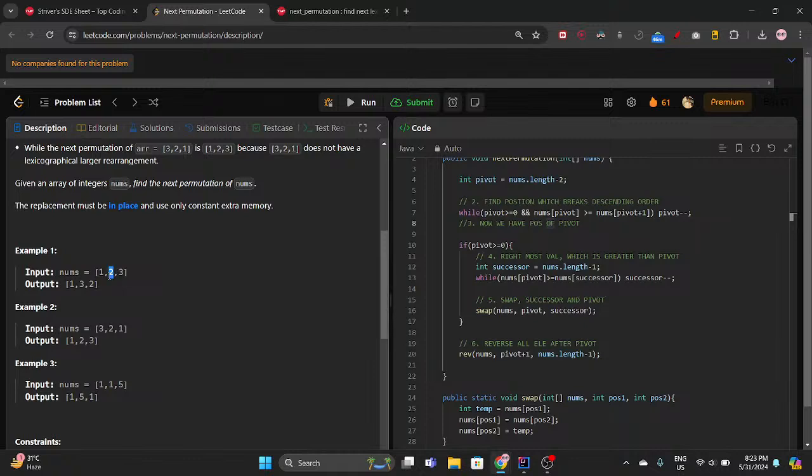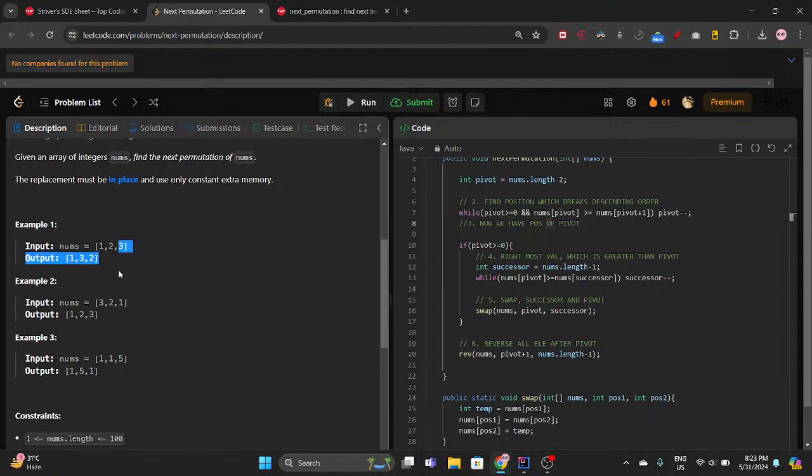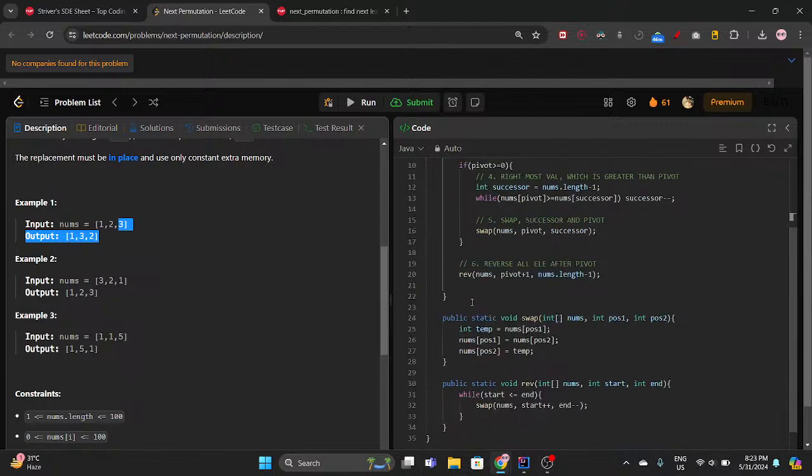Here the previous value is greater, we don't want greater. So this is our pivot. The next greatest element on the right is this. We will swap it and reverse all the remaining right part. Here the whole thing is descending, no pivot, so we will reverse the whole thing.